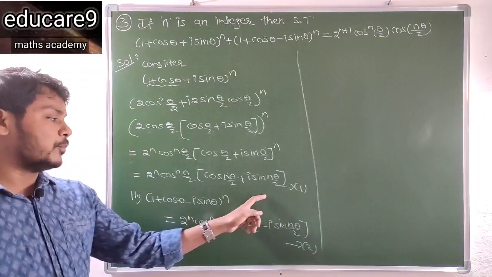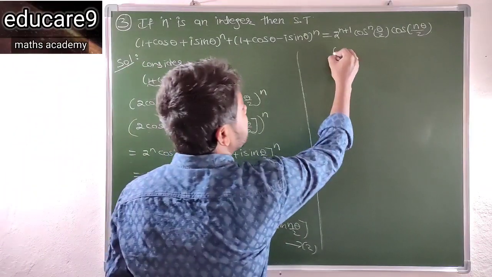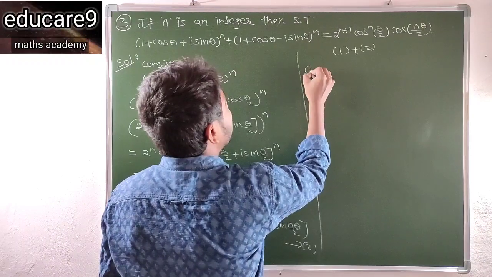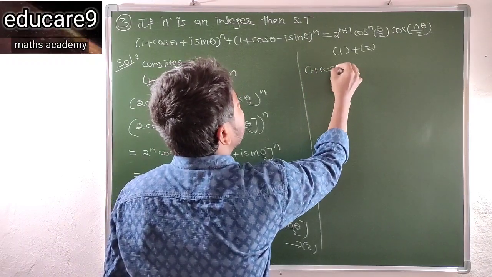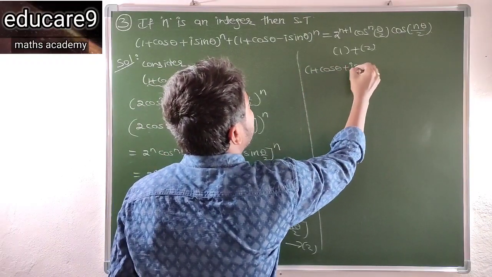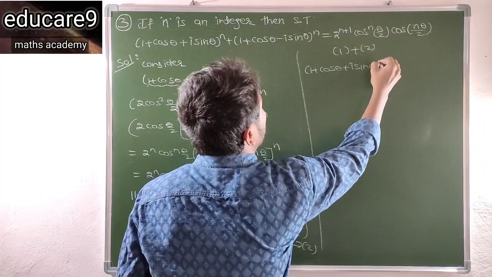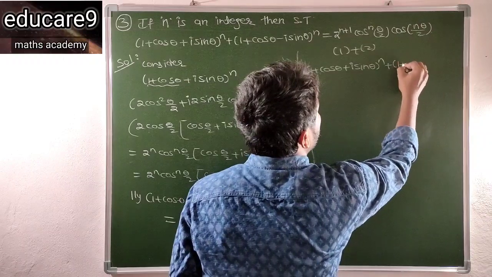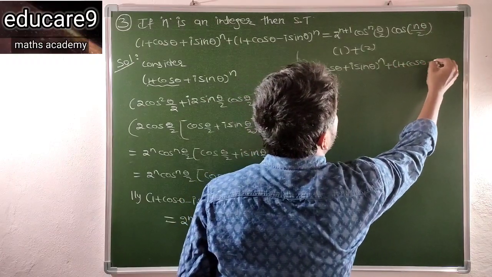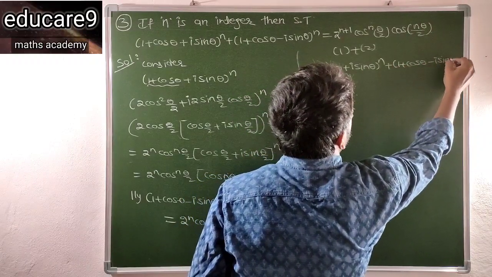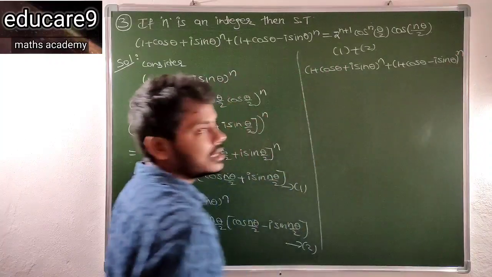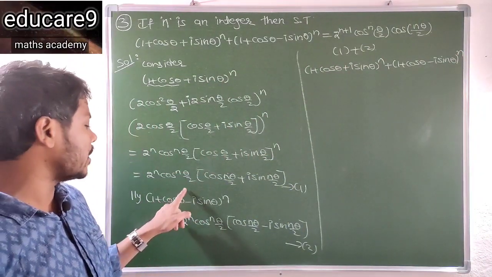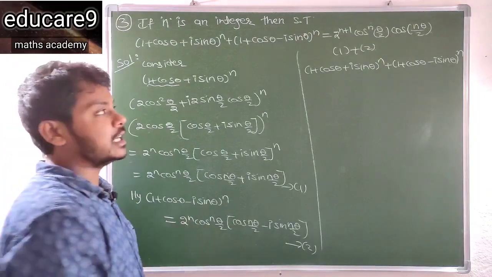Now we have to add both equations. So that is equation 1 plus equation 2. So clearly that is 1 plus cos theta plus i sin theta, whole to the power of n, plus 1 plus cos theta minus i sin theta, whole to the power of n. So clearly that value is what? Here 2 power n cos power n theta by 2, here 2 power n cos power n theta by 2.